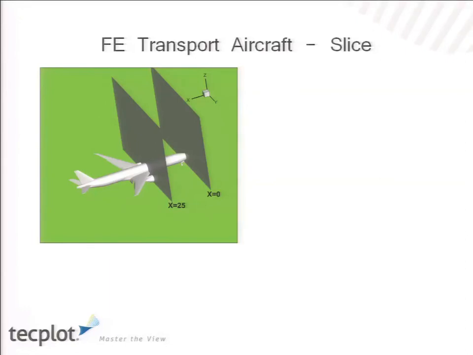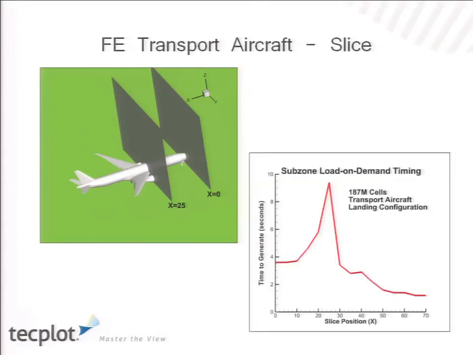And you get something like this where you're talking seconds now to read and generate the slices from the file. It's between about 10 seconds and 2 seconds, depending on the complexity.